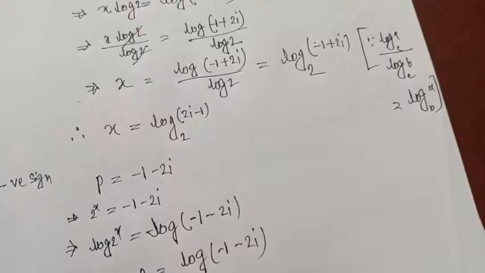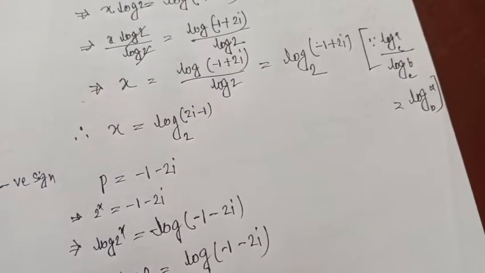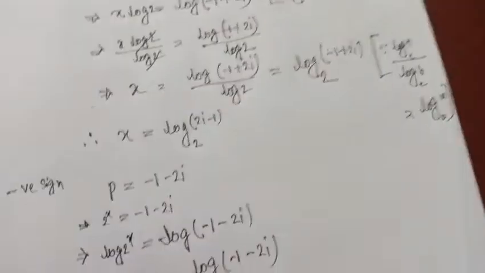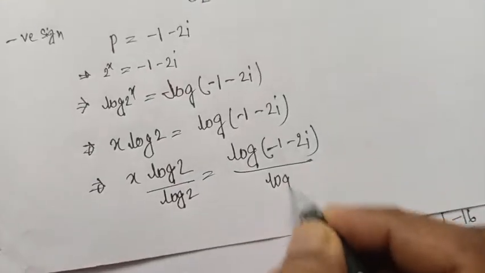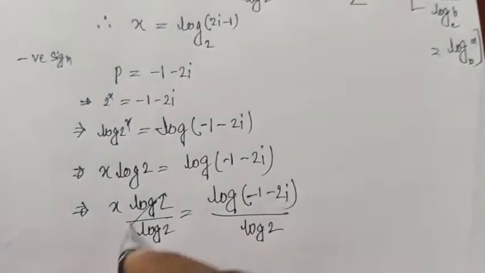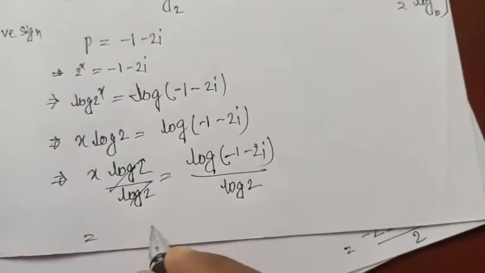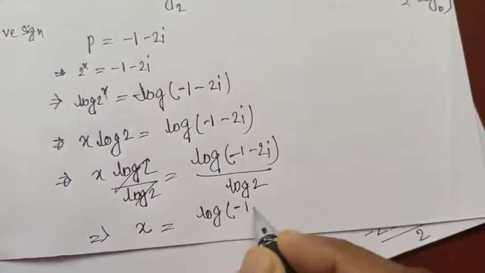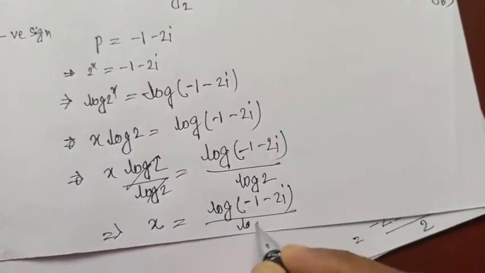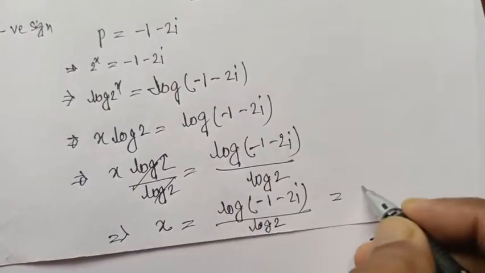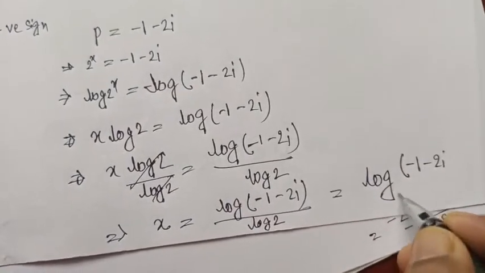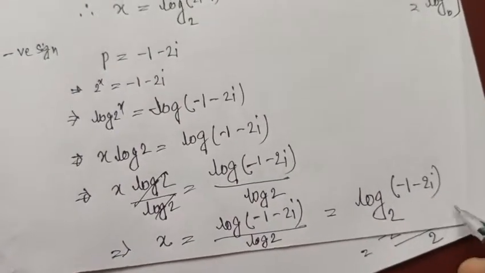If we divide by log 2 from both sides, log of minus 1 minus 2i by log 2, we cancel it, that log 2, and x is equal to log of minus 1 minus 2i by log 2, again log of minus 1 minus 2i base 2. This is the second answer.